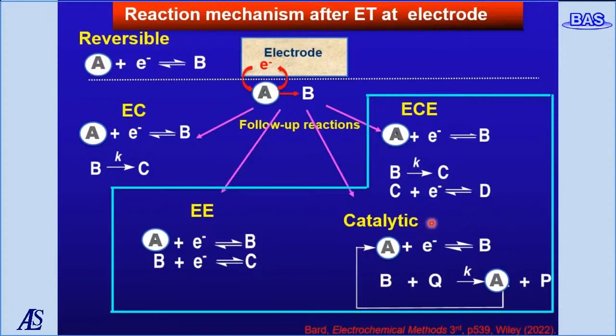In a special type of EC mechanism, the species Q, which is electroinactive, reacts with the electroproduct B to regenerate the starting A. As a result, the species Q is converted to P by the electron mediation of the AB couple. This is called catalytic mechanism. Each mechanism shows characteristic diagrams, so we can judge what kind of electrode reaction occurred from CV shape.